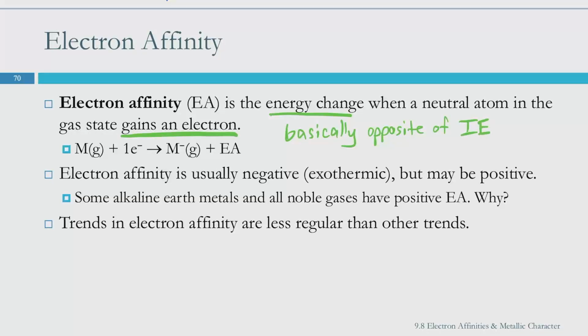Just in terms of what's happening, for ionization energy, we put energy in to remove an electron. For electron affinity, we are gaining an electron, and there's an energy change associated with that. So energy is coming out instead of going in, an electron's being gained instead of being lost.